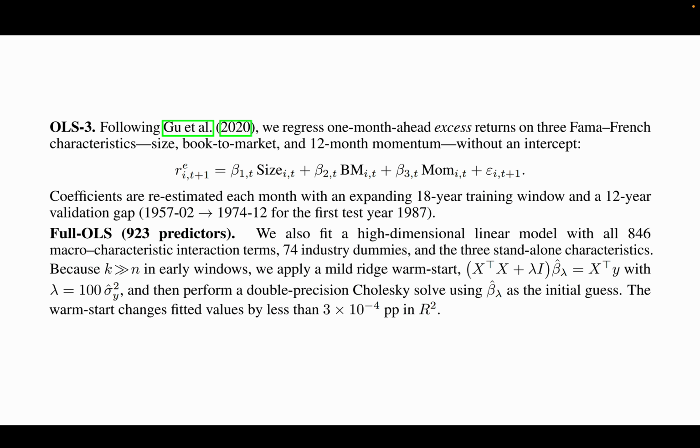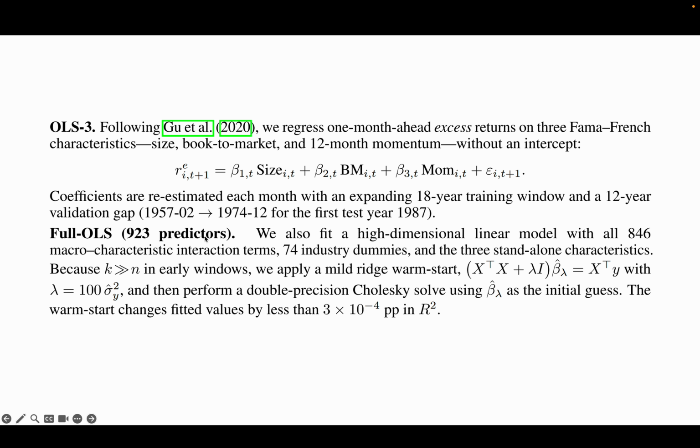Okay, let's start with 2 simple linear models. The first is OLS-3. It uses only 3 firm traits: the size, book-to-market, and the 12-month momentum. Because it has few inputs, it is stable, but may miss extra signals. The second is OLS.